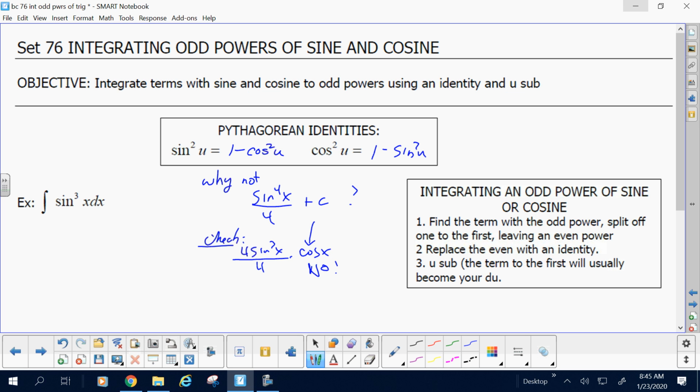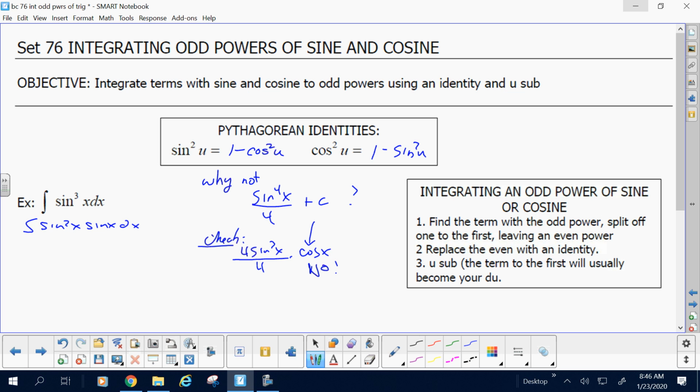So, the idea on such a problem is you set up a u sub problem. Break it up into sine squared and sine. Now that sine, the single powered sine off to the side, that's going to be du. Now if du is sine, then u needs to be cosine.